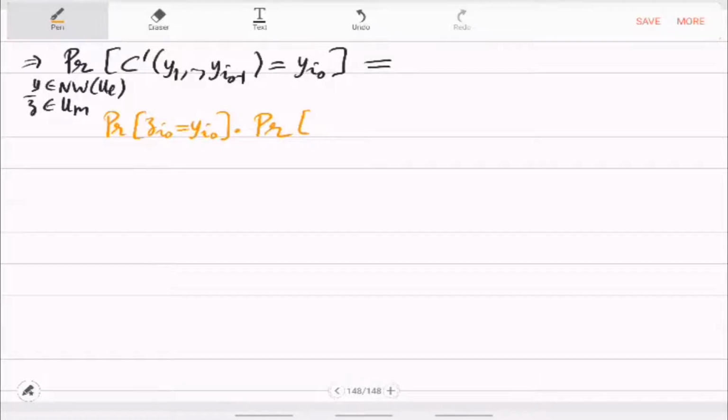In that case, basically C has to evaluate to 1.